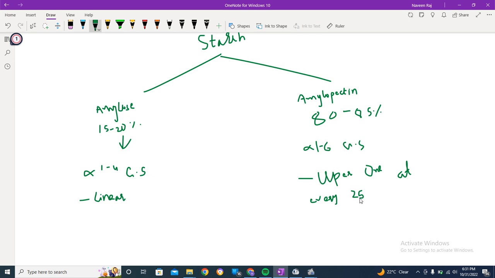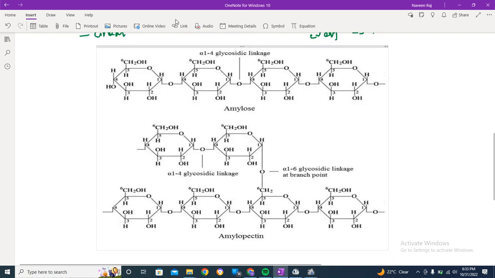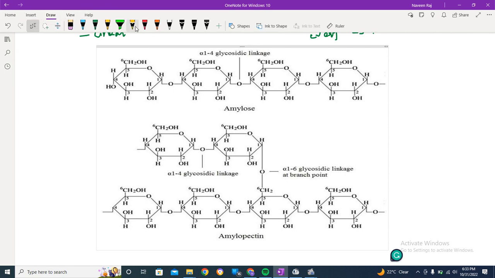Let's get into the structure. To save your time, I'm just looking into a beautiful picture to deal with it. Let me come back. Okay, I'm back. This is a beautiful picture that I found. In this, amylose is a linear chain of alpha 1,4 glycosidic linkage of glucose.